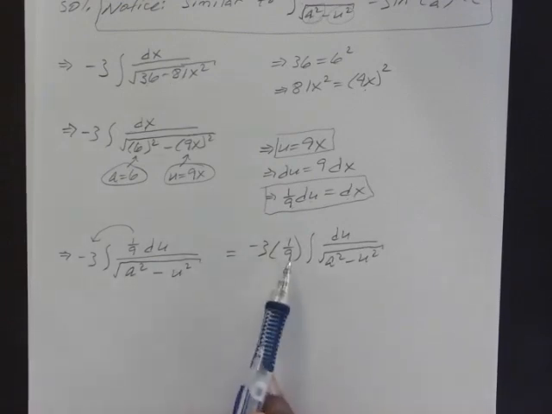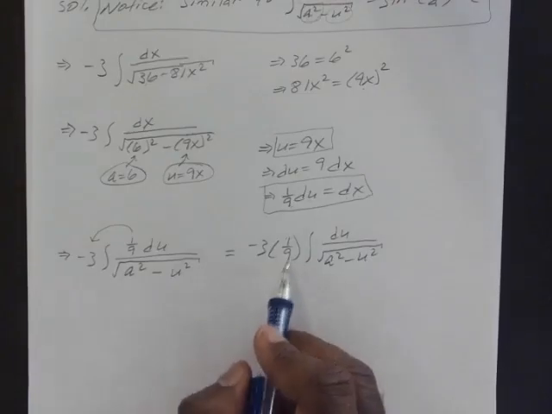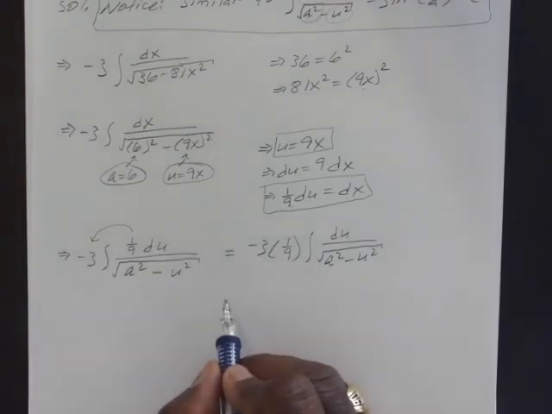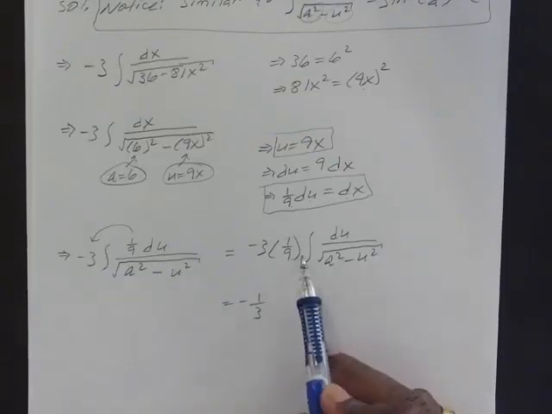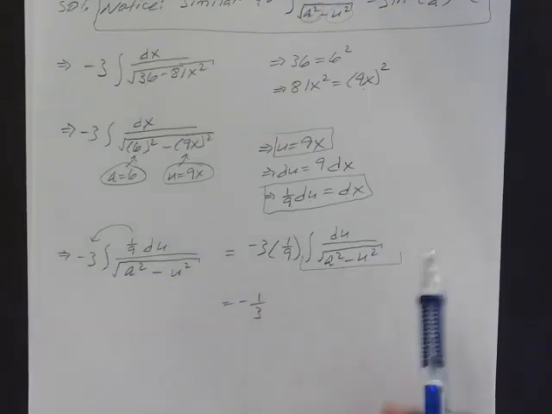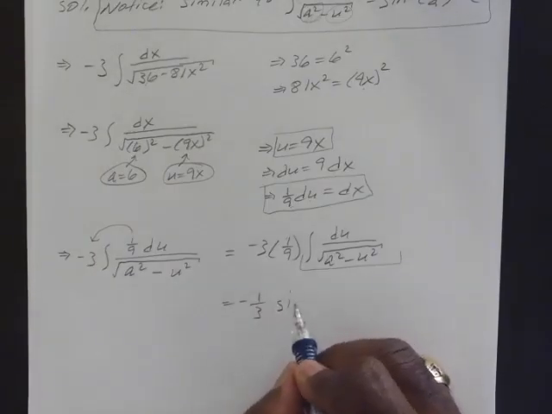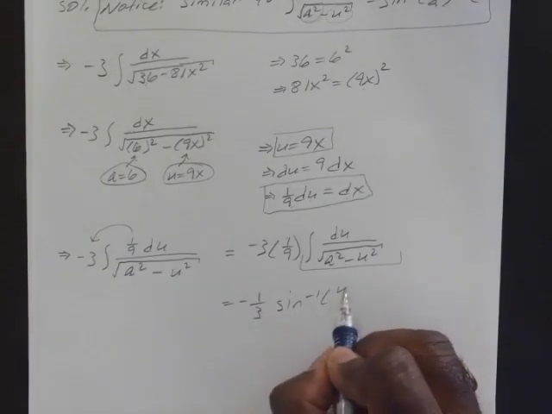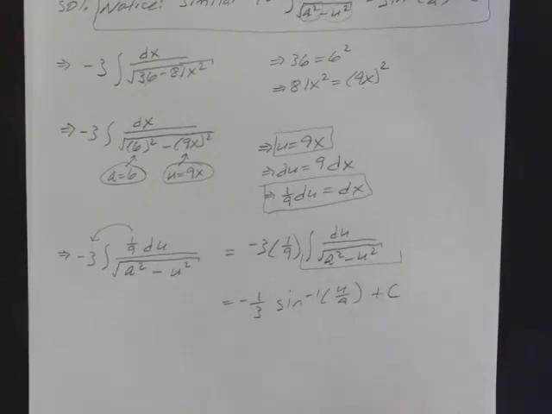So this -3 over 9, we can simplify to -1/3. So we have -1/3, and this integral, we know that's equal to sine inverse of u over a plus c.